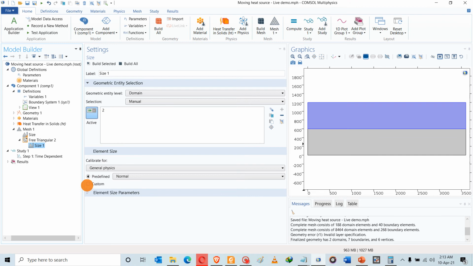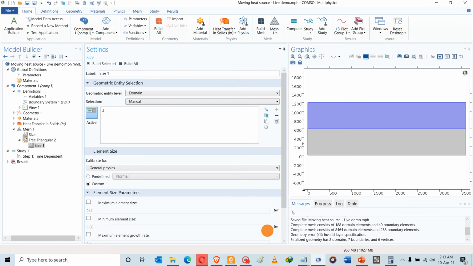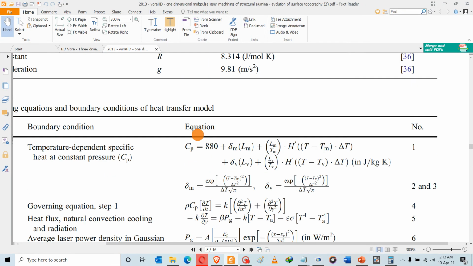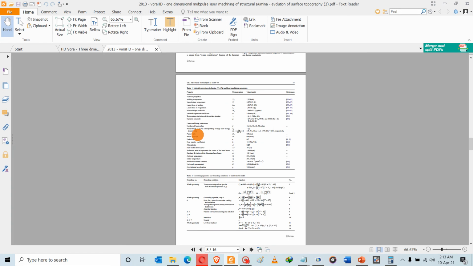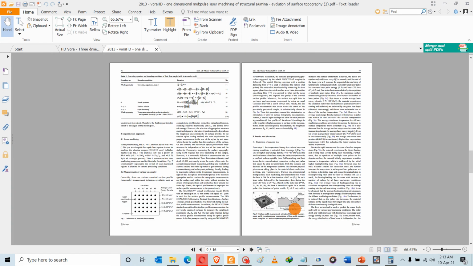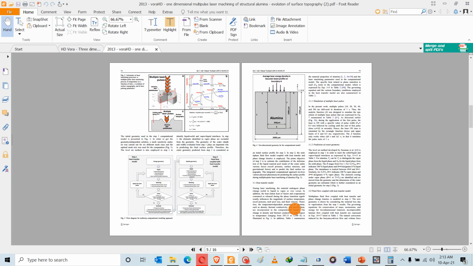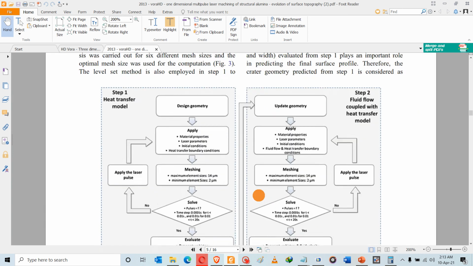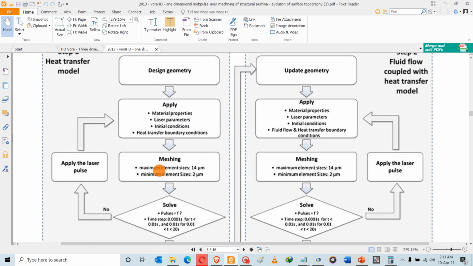And based on the article, when they describe their workflow, they emphasize that they use customized mesh conditions, which are maximum element size of 14 micron, minimum of 2 micron.